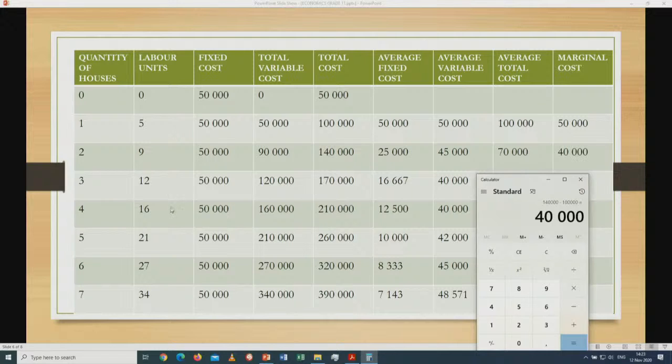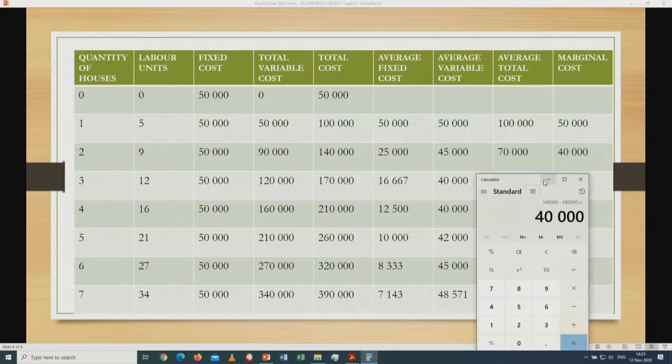So anything that you divide by 1 will give you the same figure. Hence, we get the 40. But otherwise, we have a bracket of 140 minus 100 and a bracket of 2 minus 1, which we divide with. And that must give us that. It's giving us that easily because our change is 1, so we are dividing by 1.